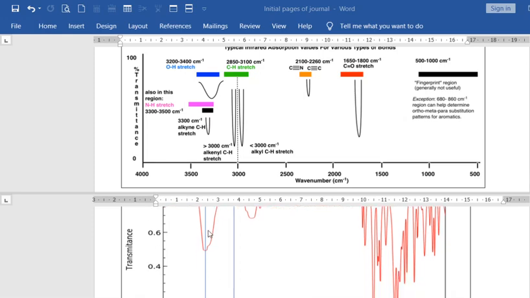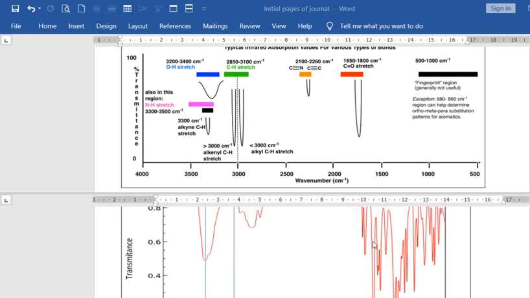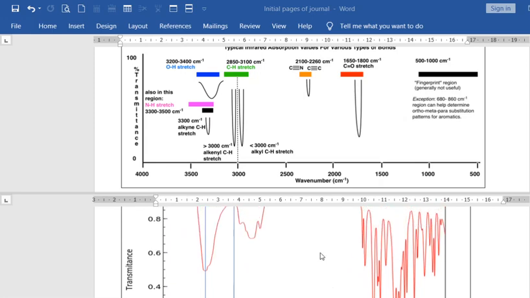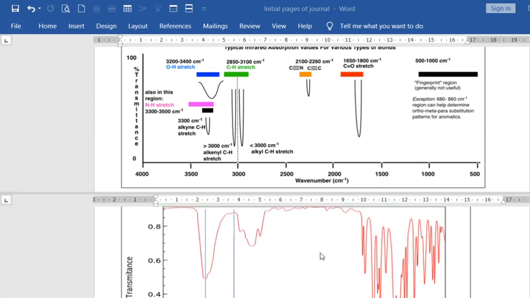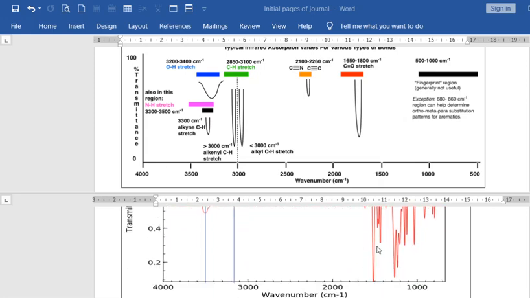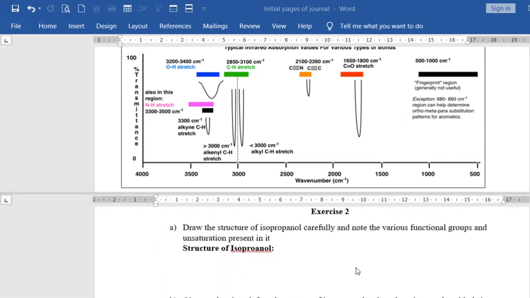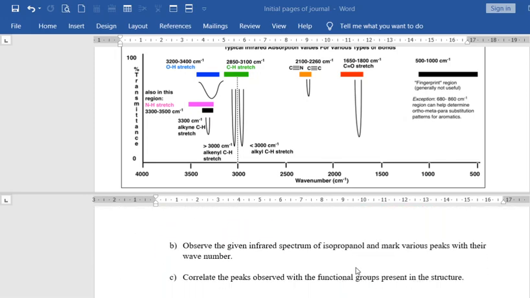So 3200 to 3400 is again for the alcoholic group which is present in that region, and there is no C=O double bond. There are also several CH stretchings in the region of 500 to 1500. Second, the structure of isopropanol.